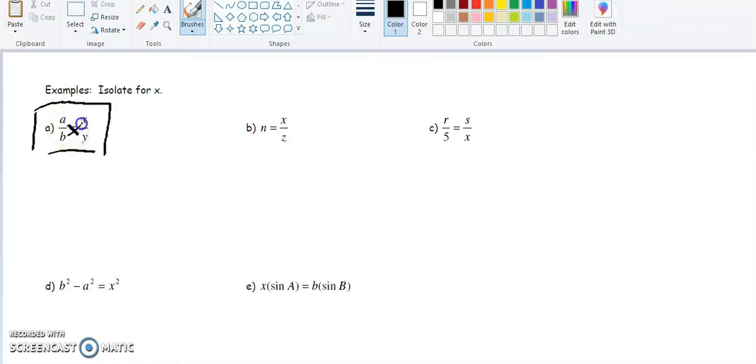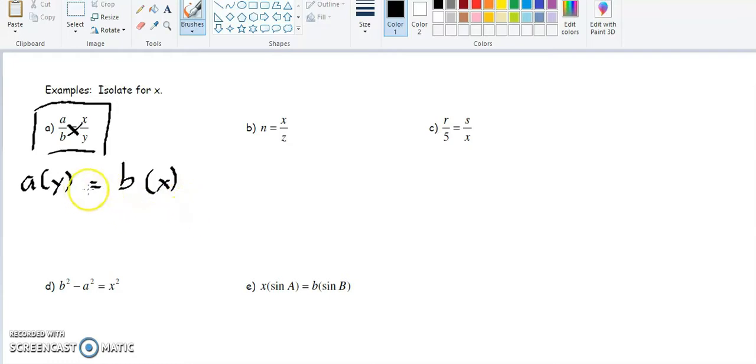By that, I mean we multiply a, the numerator of the first fraction, to the denominator of the second fraction. So that becomes a multiplied by y, or a times y, is equal to the denominator of the first and the numerator of the second. So that's b times x, sorry.